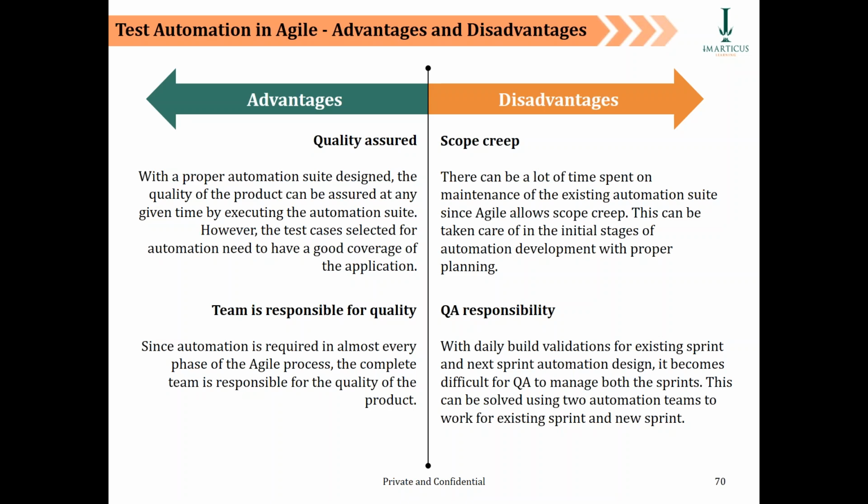Some of the flip side is there can be a lot of time spent on maintenance of existing automation suites, since Agile allows, grudgingly, some scope creep. So overall, test automation is great, but remember, it also increases the difficulty for QA to manage multiple sprints.